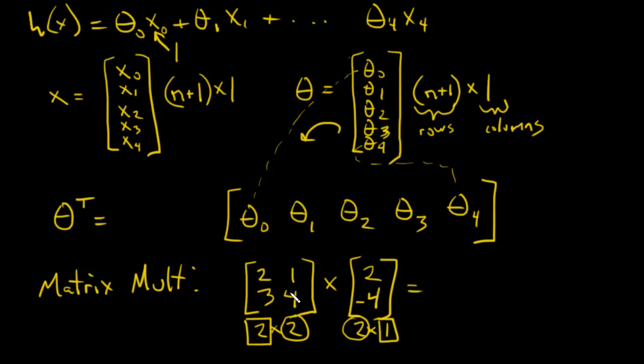And the way you do it is you take the first row, so this first row right here, and you multiply it after rotating it by the first column over here. So in this case, we're going to get 2 times 2 plus 1 times negative 4.